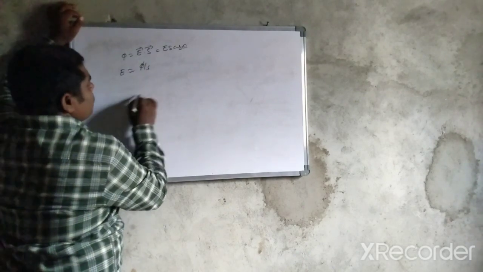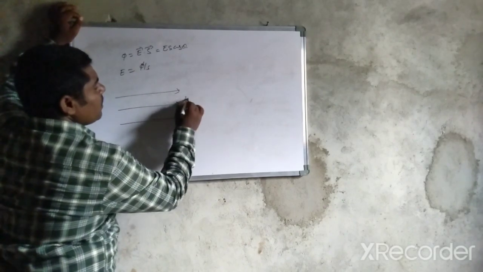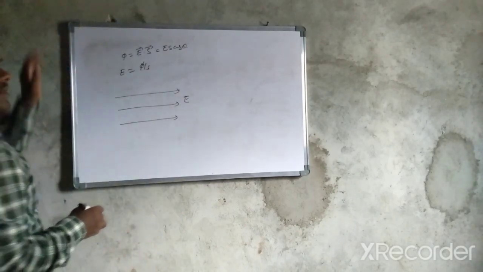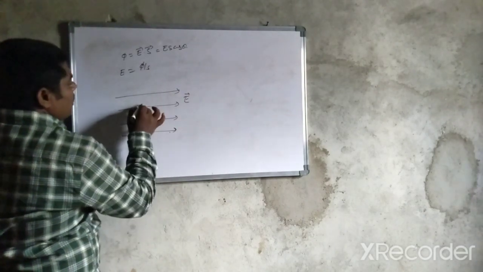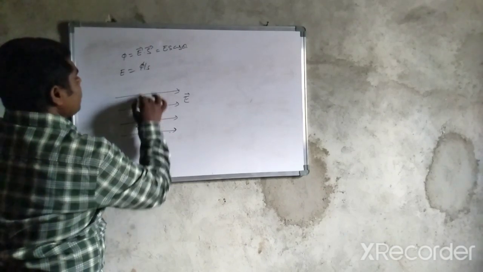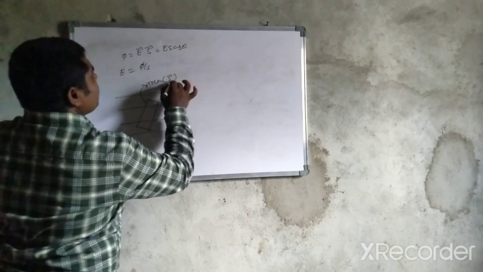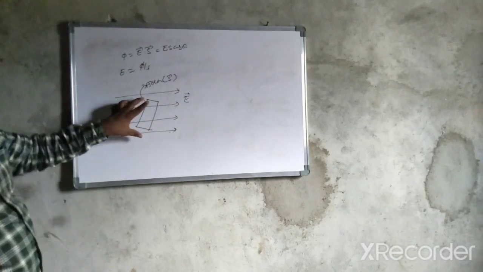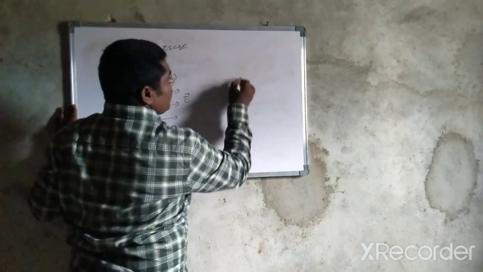Let us consider a uniform electric field E bar. Here is a surface with surface area S bar. I am going to draw only a single electric field line like this.